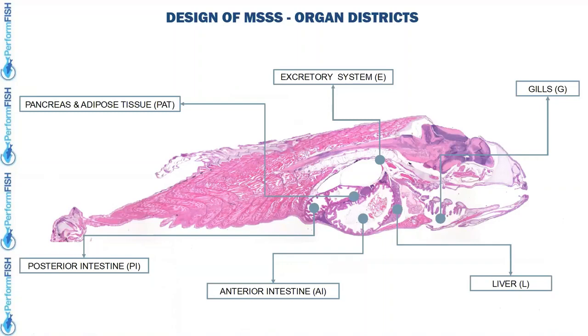In this image, you can see the 6 organ districts for which we obtain the different descriptors: gills, liver, excretory system, the kidney of course, pancreas, adipose tissue, and posterior and anterior intestine.